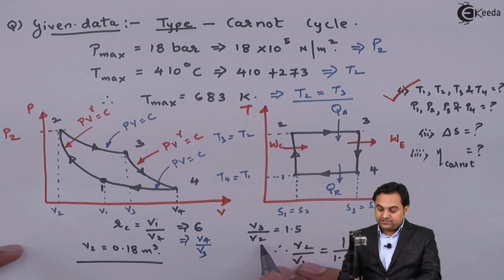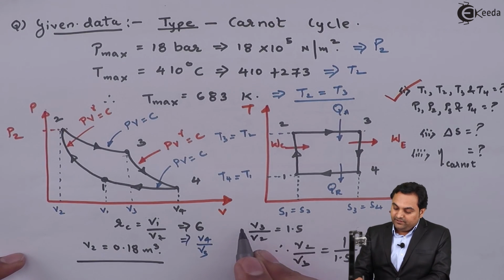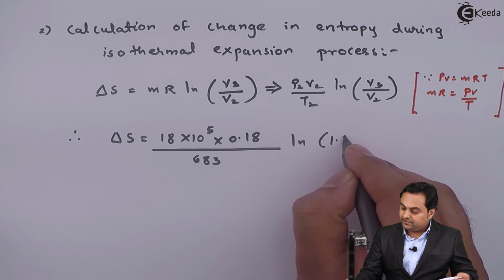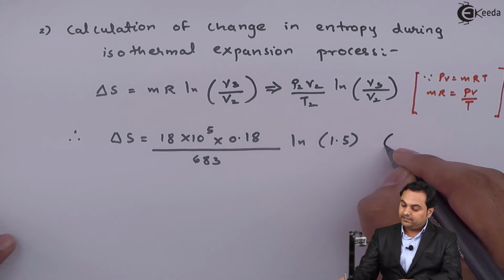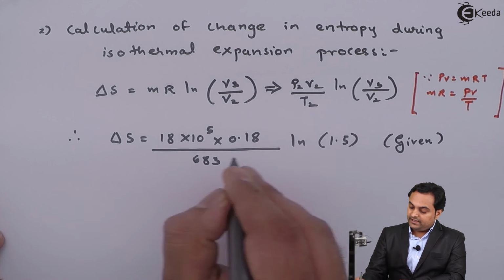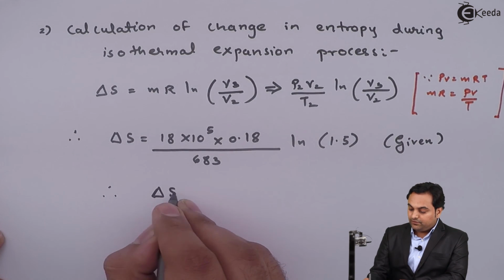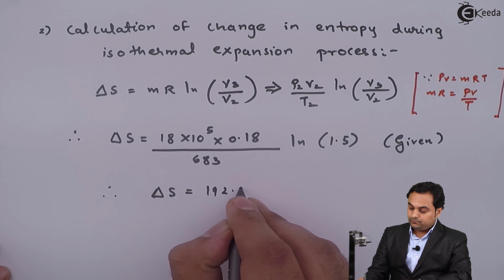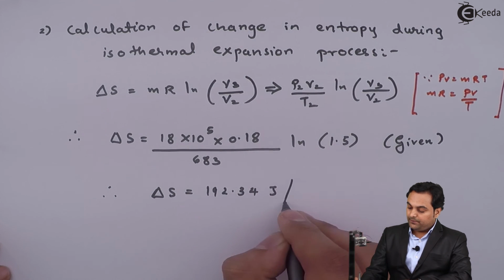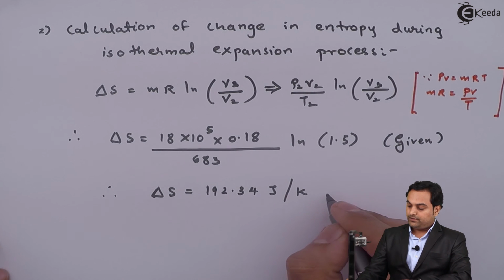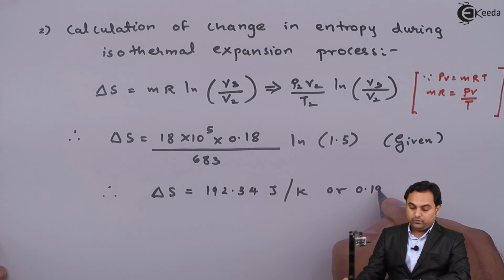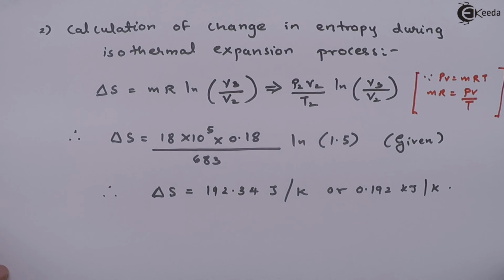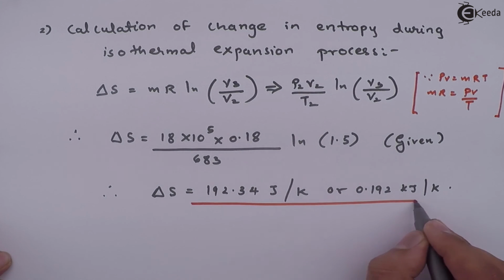Simply we have the relation V3 by V2 is equal to 1.5, that we have written in the data. So instead of V3 by V2 I can directly write 1.5, and in brackets I can mention that it is given. So on calculation of this entire term, I'll get my answer of delta S as 192.34 joule per Kelvin, or I can write it as 0.192 kilojoule per Kelvin, dividing this by 1000. So this is the fifth answer for us.